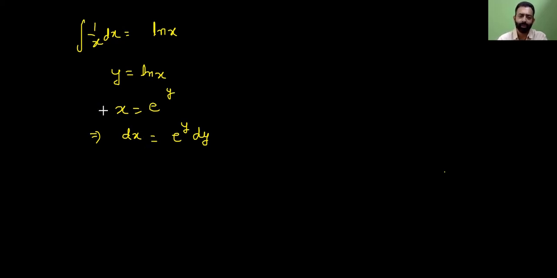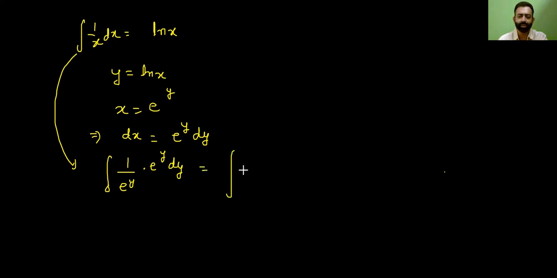Replacing x as e raised to power y and dx as e raised to power y dy, my integral changes: 1 upon x is 1 upon e raised to power y, and dx is e raised to power y dy. That means the integral now changes to just dy. So the integral of dy is just y.